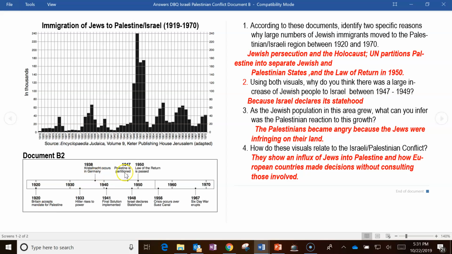And then we have the partition of Palestine. Again, we don't see any input from anybody besides the European nations that are making up the United Nations making those kinds of decisions. And so that's definitely going to cause some issues there. All right, guys, that is document B1 and 2.